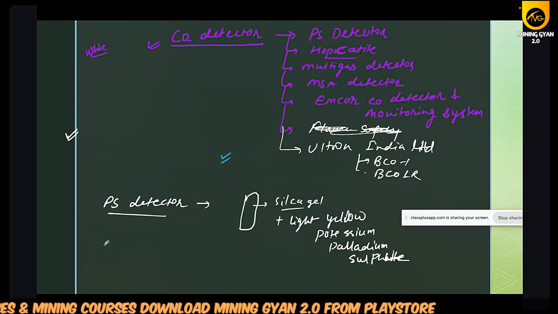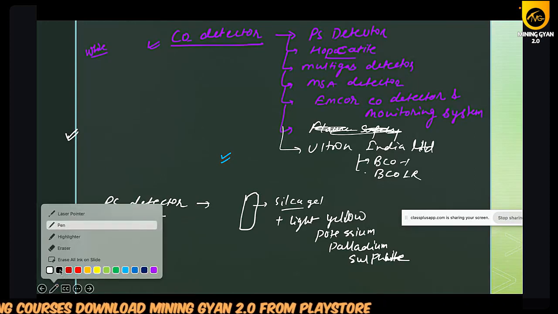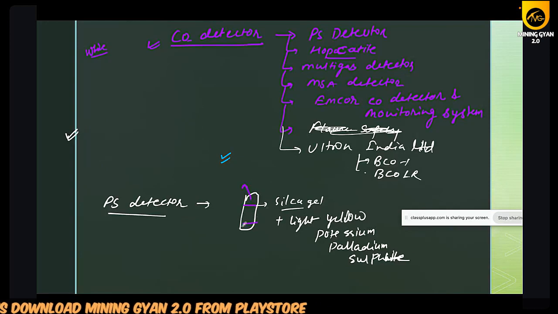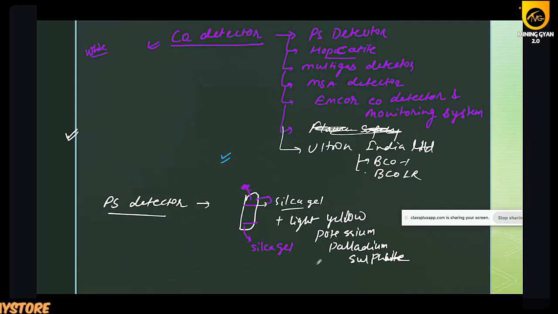So if this is your tube, there is silica gel on both sides, here also silica gel, and here also you will find silica gel on both sides of your tube, and in between you will find the potassium palladium sulfite.